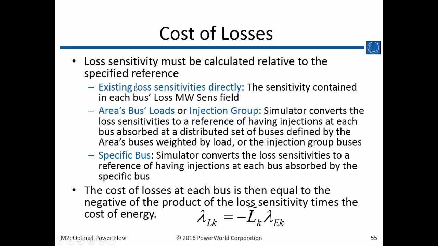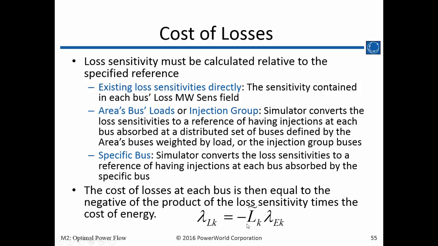So if you use the existing loss sensitivity directly, then it's just going to use the loss sensitivity for that bus. If you use these different options, then it does some other conversions and some weighted factors in order to get the loss sensitivity.